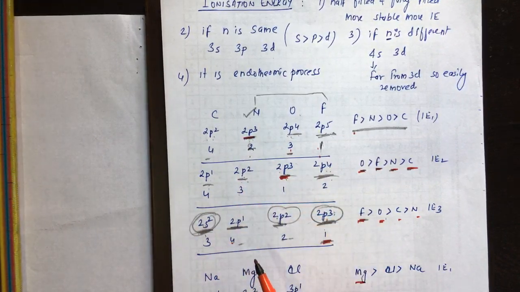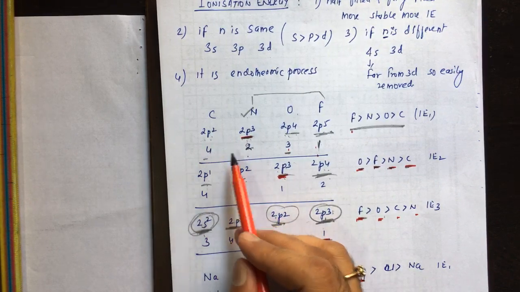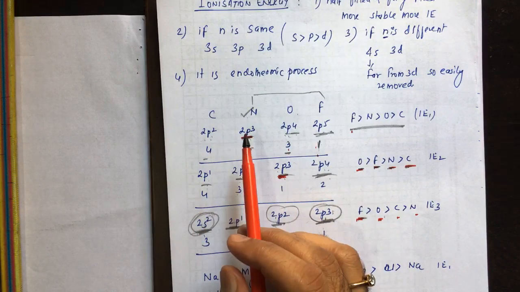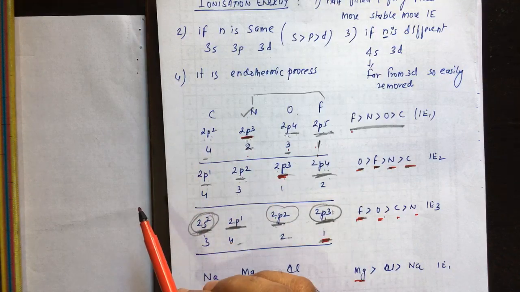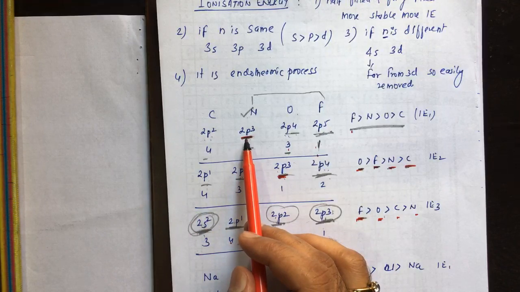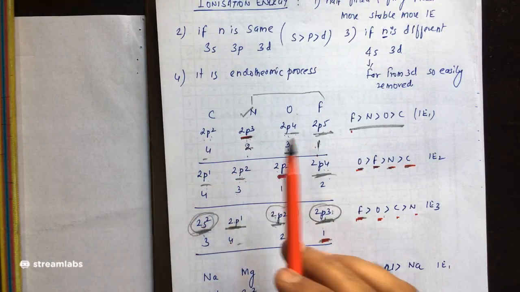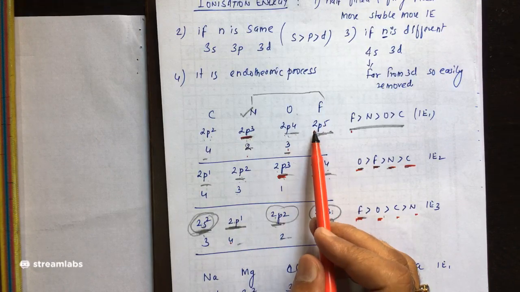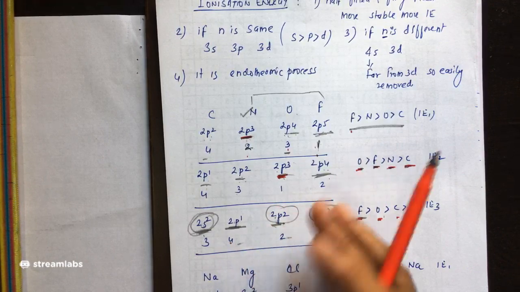Whatever is left and right of the stability, stability will always dominate. So with comparison to carbon and oxygen, nitrogen should have more ionization energy. But when you compare nitrogen and fluorine, they are not next to each other, they are next to next.